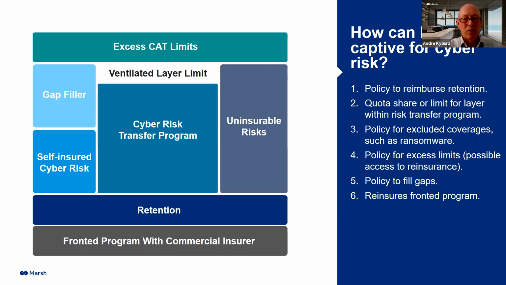Because they're mostly layered programs, we see that it's still mostly possible to get a decent primary, maybe a $5 or $10 million primary, but then it gets difficult after that. Between the space of maybe 10 to 30 or 50 million, we see a lot of underwriters reluctant to play in that space, and sometimes the captive can be a solution and be able to take out one of those first excess layers to then be able to complete the program further up the tower.